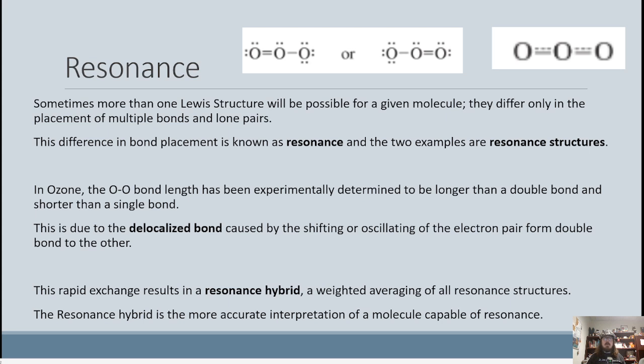These are each unique structures. However, they're also not unique because they will share a resonance between each other. Basically, a resonance structure is one that differs only in the placement of the multiple bonds and the lone pair sets. So each individual structure is called a resonance structure.